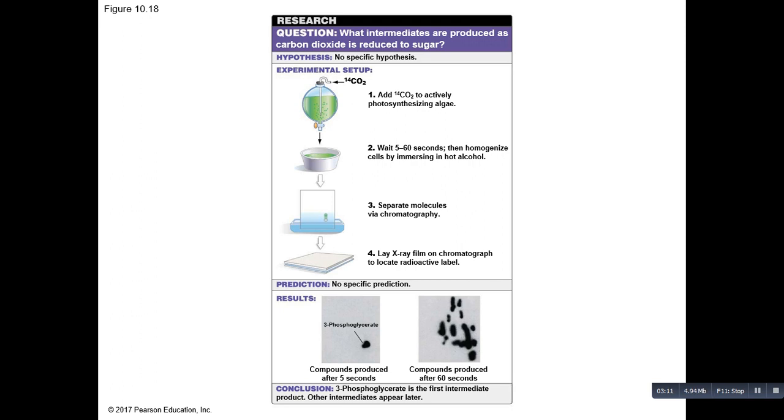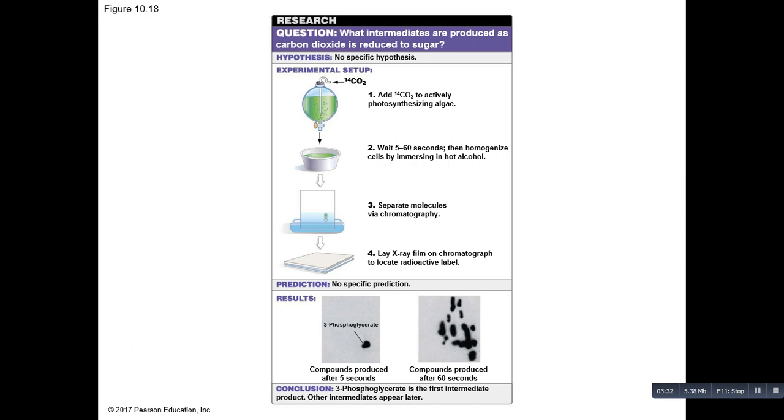What happens is when you lay X-ray film on radioactive material, it's going to show up as these dark spots that you see at the bottom here. So after 5 seconds, they saw that we had this one compound called 3-phosphoglycerate.